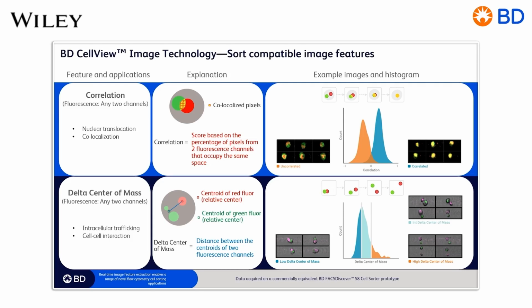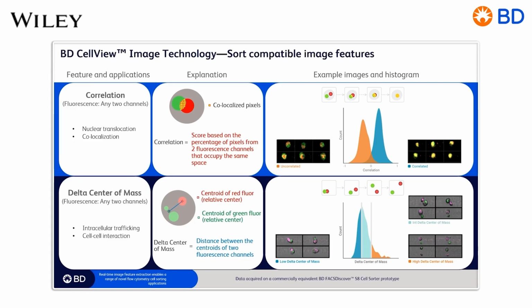They're highly uncorrelated, so they don't occupy much of the same space. Whereas once that cytoplasmic stain moves into the nucleus, we see more of a yellow color, and that's the green light and the red light mixed together to make yellow light. So those images on the right are highly correlated.